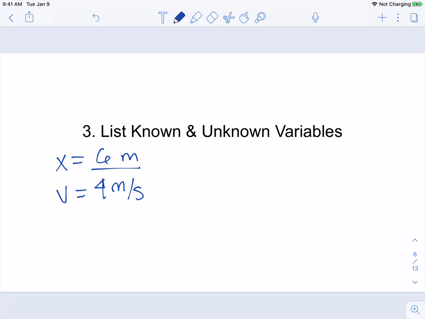And then you need to list what it is that they ask you to solve for. What's the unknown? What's the purpose of your problem? What are you trying to figure out? Maybe it was something with time here and they wanted to know something about time. And so what I usually do with my unknown is I write down the symbol for that variable and I put a question mark next to it.